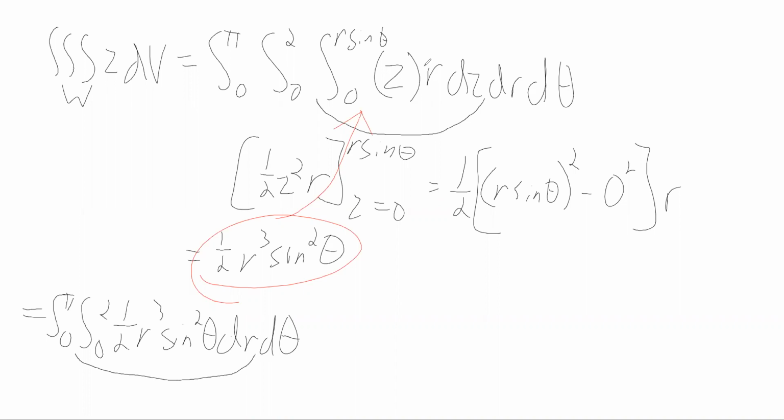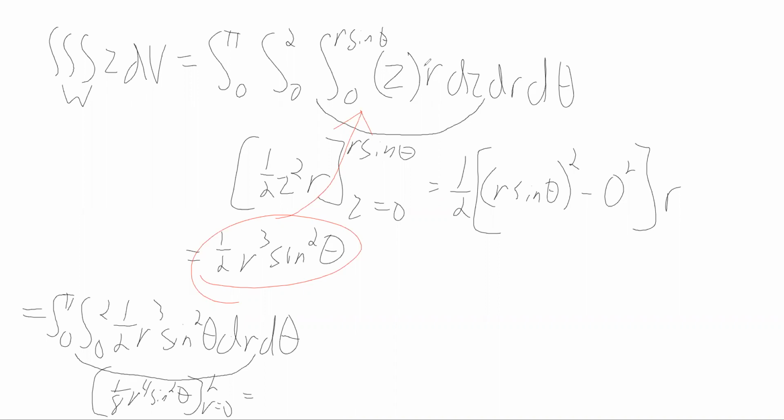Looking at this inner integral, integrating with respect to r: 1/2 r cubed sine squared theta. Theta is a constant, so the r cubed becomes r to the 4 over 4. We get 1/8 r to the 4 sine squared theta, evaluated from r equals 0 to 2.